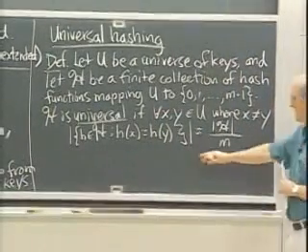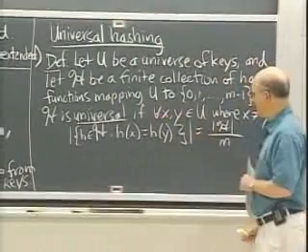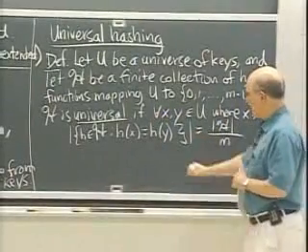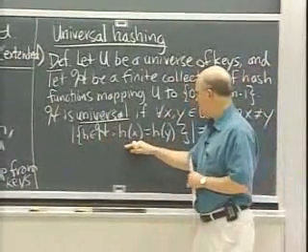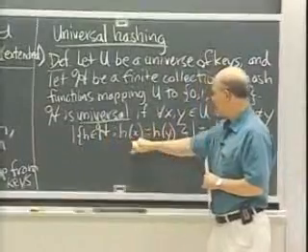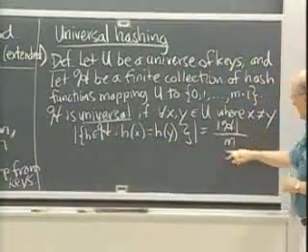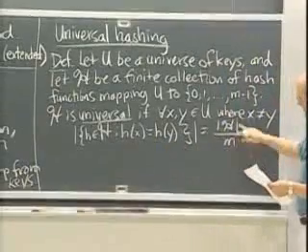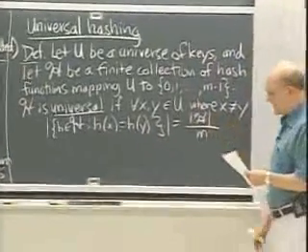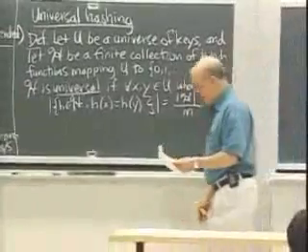So if for any pair of keys I pick, the number of hash functions that hash those two keys to the same place is a 1 over mth fraction of the total set of hash functions.